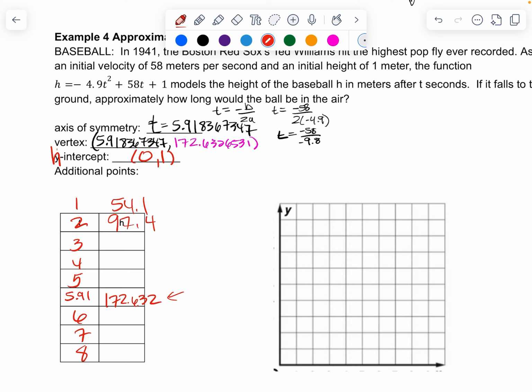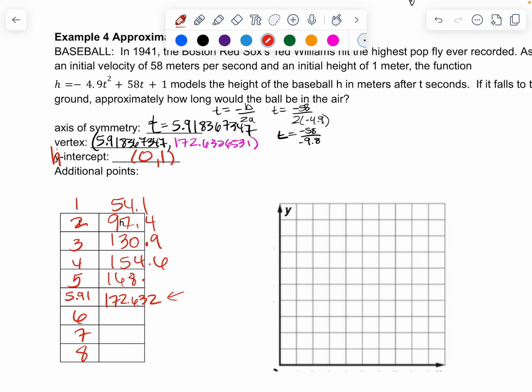And then go up and edit and put in a 3 and get 130.9 and go up and put a 4 and get 154.6 and go up and put a 5 in.